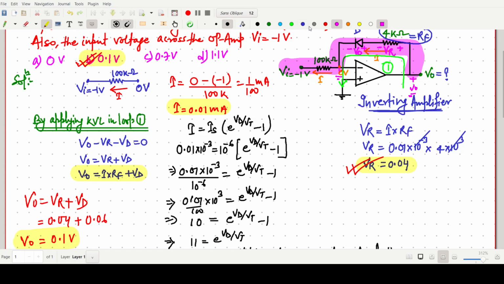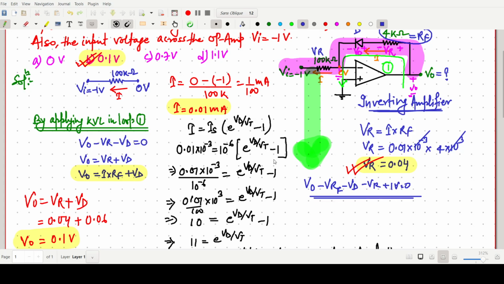So in such a situation, what do we have to write? One can also write the Kirchhoff's equation for that loop: V naught minus VR minus VD, then minus some resistance drop, say this one is VRF, minus VR, then plus 1 volt equals 0.